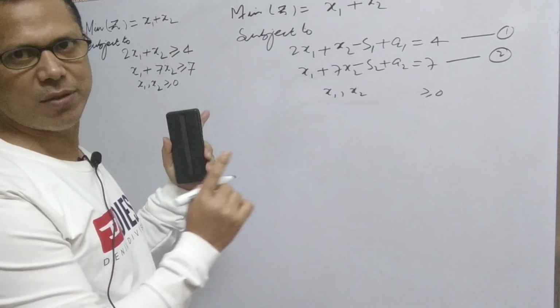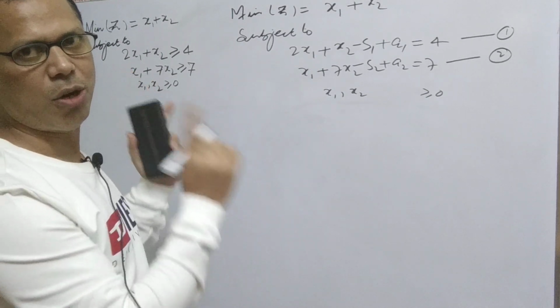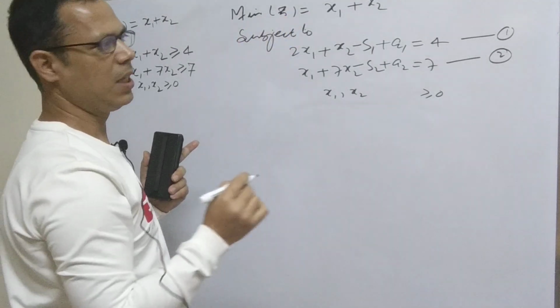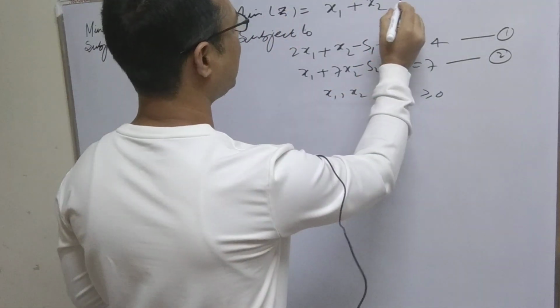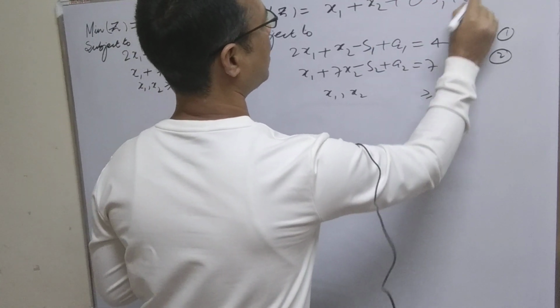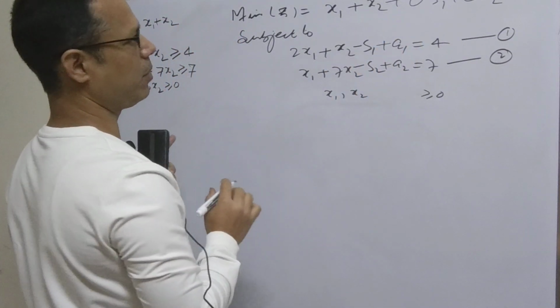Objective function itself is our solution. Objective function itself is our objective to get the result. So we cannot make changes to the objective function. So here we are not going to make changes. It means we are just going to add 0s1 plus 0s2. Either add or subtract, that is not going to have any effect.